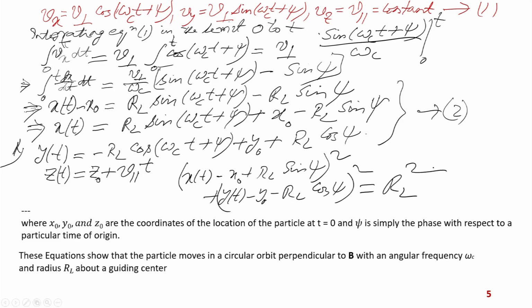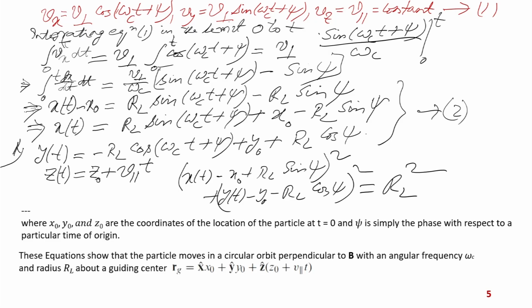This is the Larmor radius. Where is this happening? It is happening perpendicular to the magnetic field line, in the x y plane, where the angular frequency is omega c and the radius is R L about the guiding center.